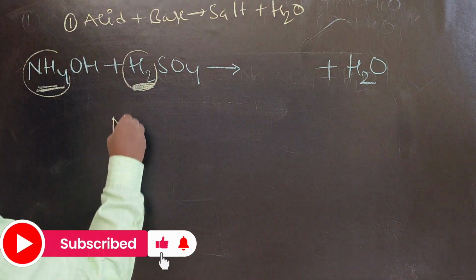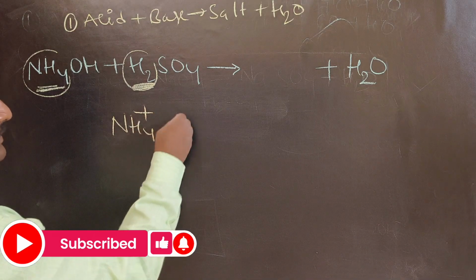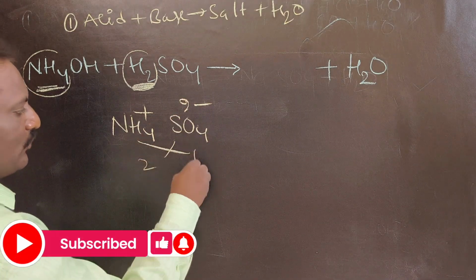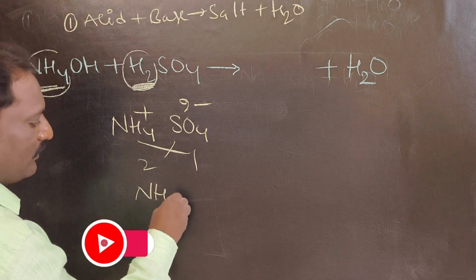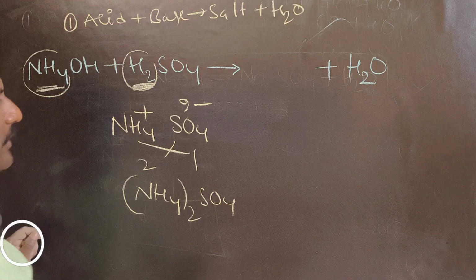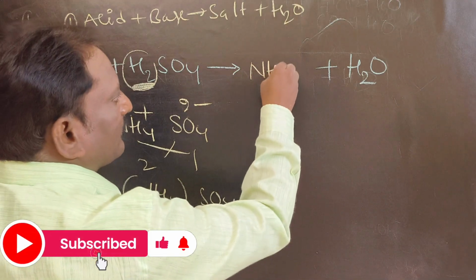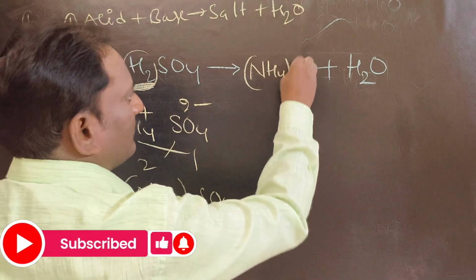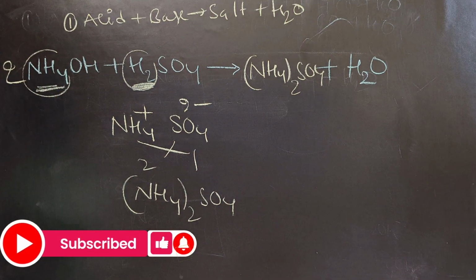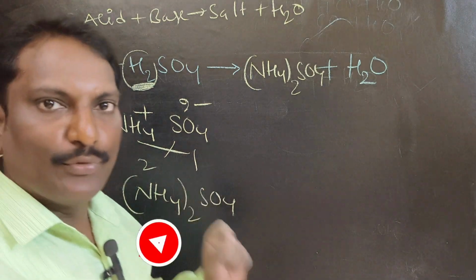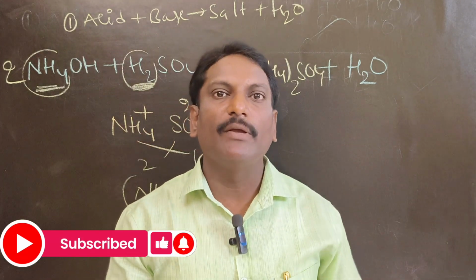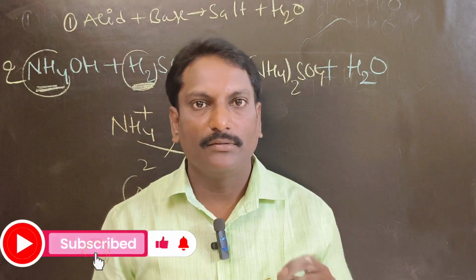Ammonium ion NH4 plus, sulfate ion SO4 2 minus, crisscross 2 1: NH4 taken twice, SO4, ammonium sulfate. So these are neutralization reactions, double displacement reactions, and exothermic reactions. Please remember. Take care.